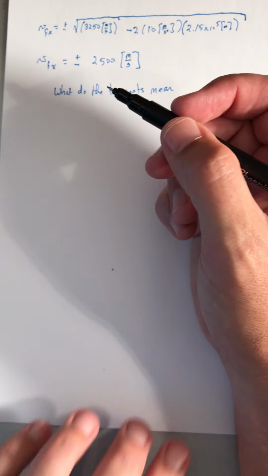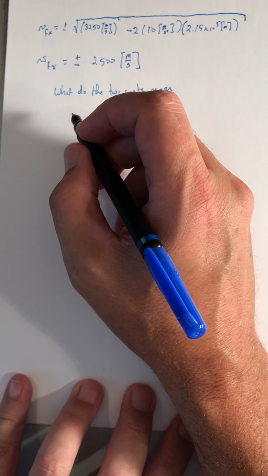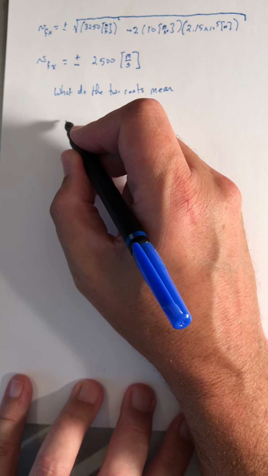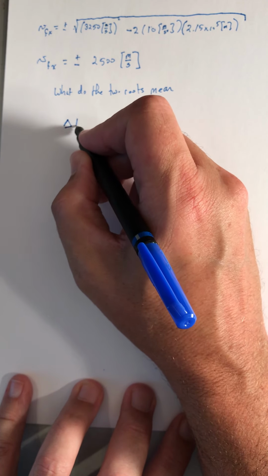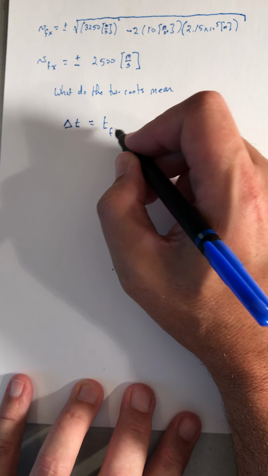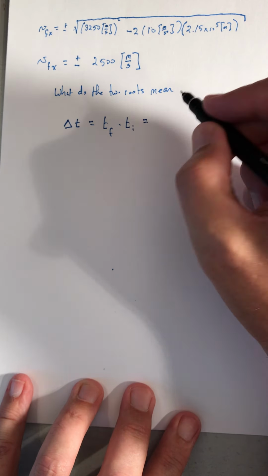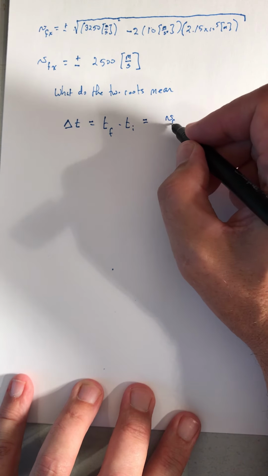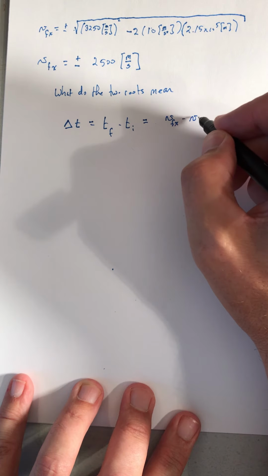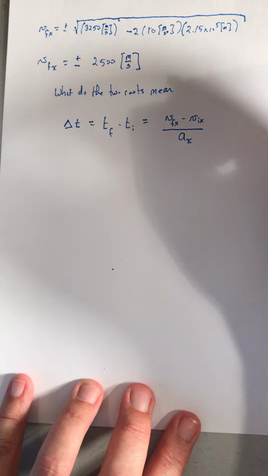To do that, I'm going to use the equation for the definition of the acceleration, which can be rewritten: T final minus T initial is going to be the change in velocity, V final x minus V initial x over the acceleration.